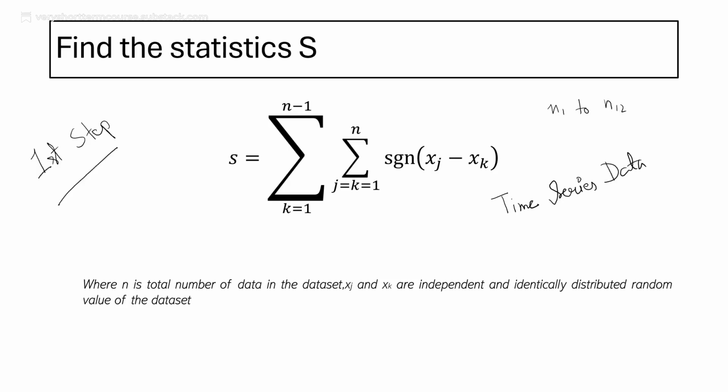For example, yearly rainfall or monthly rainfall. Say you have the data of 12-month rainfall. That means how much rainfall there was in January, February, March, April, May, June, until December.